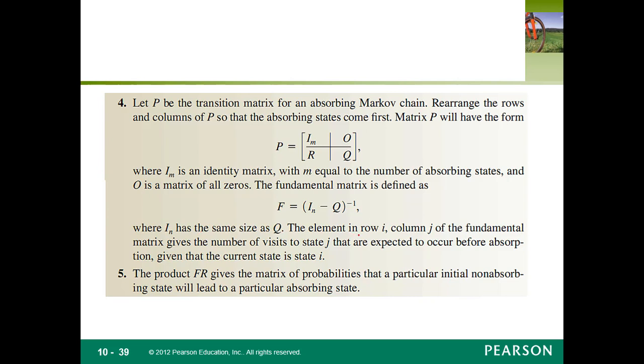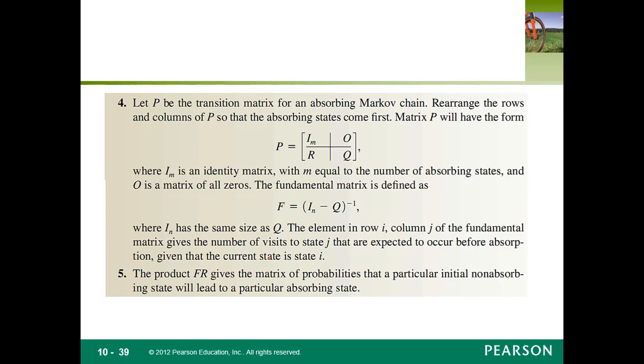The element in row i, column j of the fundamental matrix gives the number of visits to state j that are expected to occur before absorption, given that the current state is i.